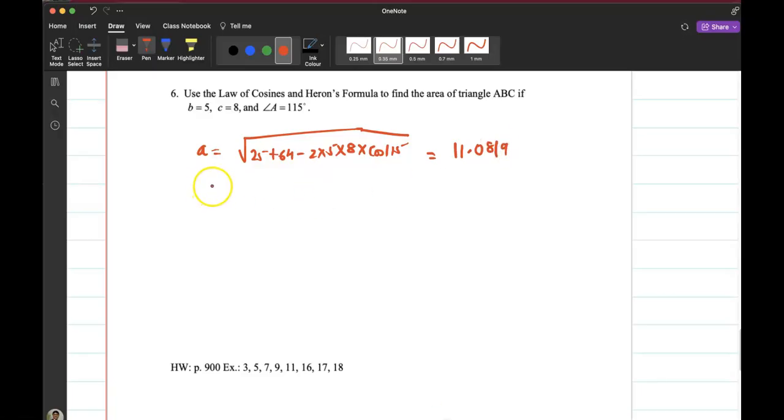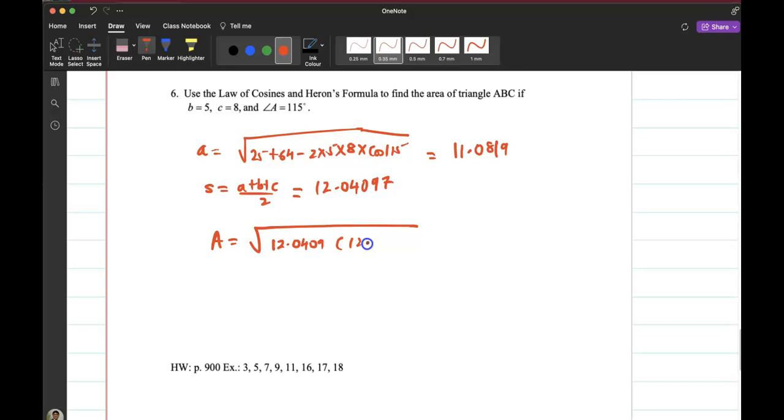Then you find your semi-perimeter, which is A plus B plus C over 2. You can do that on your calculator. And that comes to 12.04097, something like this. Then you use your Heron's formula to find the area: root of S times S minus A, S minus B, and S minus C. This is 5, and 12.04, and this is A, 11.08.